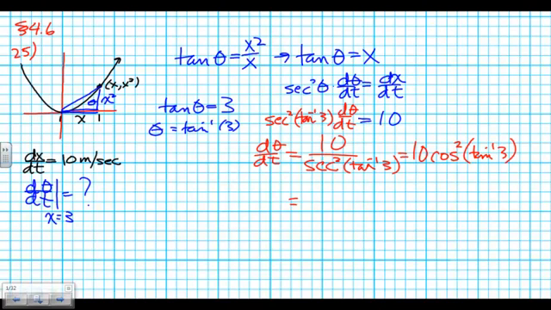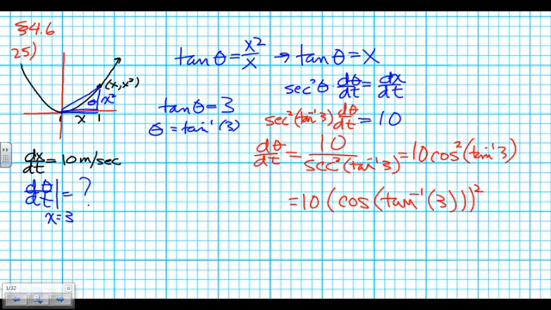Now, when I go to the calculator, I'm going to put in 10 times cosine of inverse tangent of 3, close the parentheses, and square it. That's what I'm going to put in the calculator.